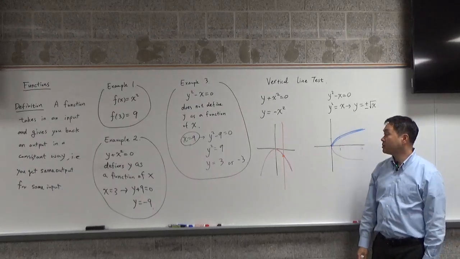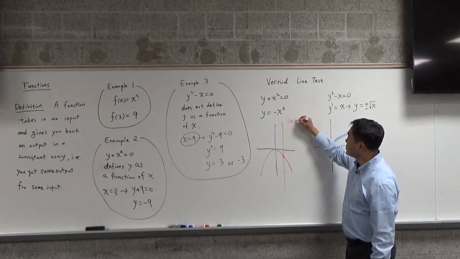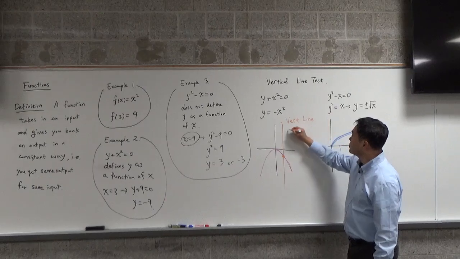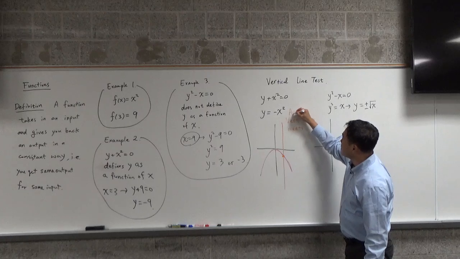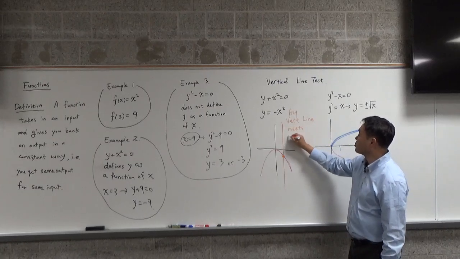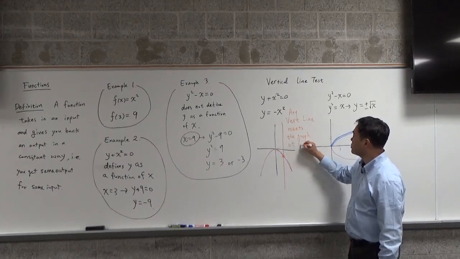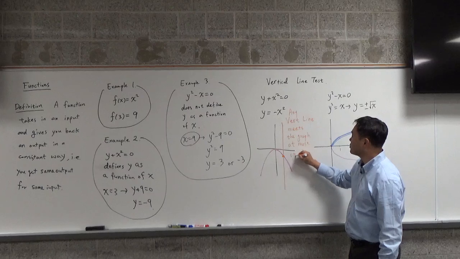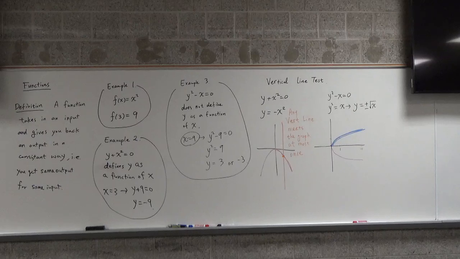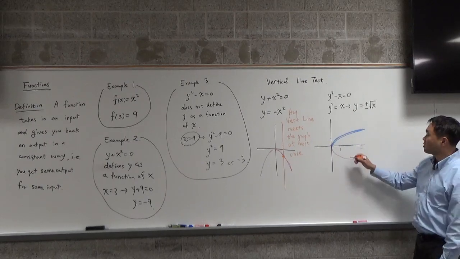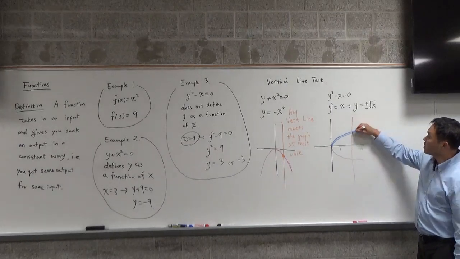So here I might say any vertical line meets the graph at most once. So that's one possibility. Another case, in the second case, if you draw a vertical line, it meets the graph more than once, right?